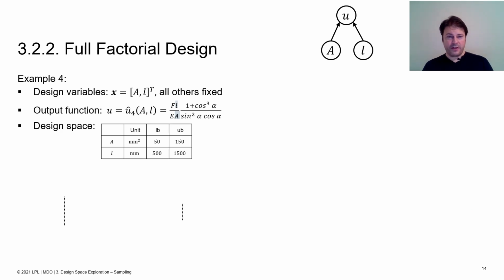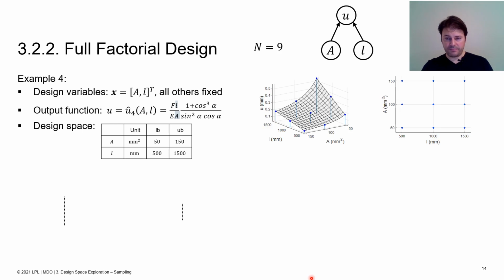Let's apply this to example 4 and see what comes out of it. So to remind you, example 4 was our 2-bar truss with cross-sectional area and the reference length L as design variables. And now we use a 3-level design for our 2 design variables, equally spaced.